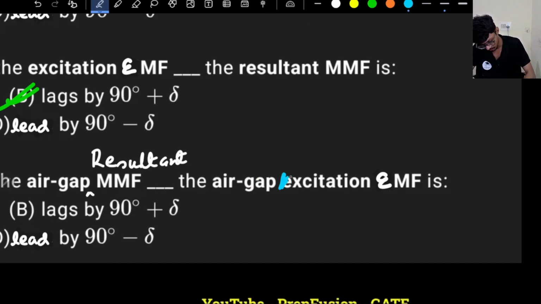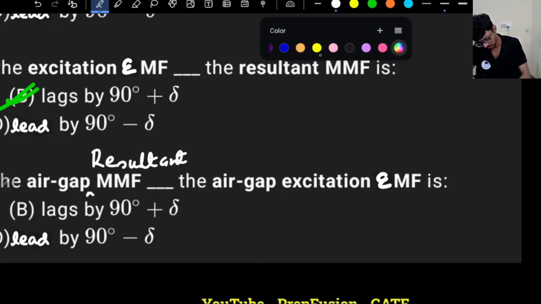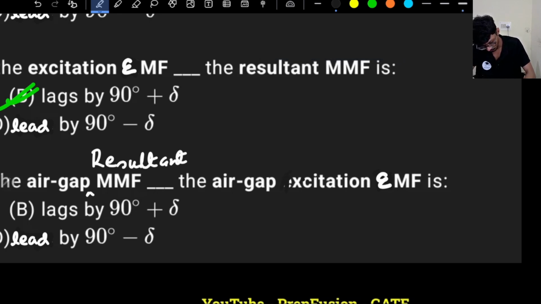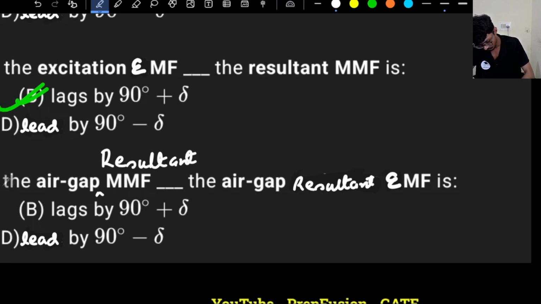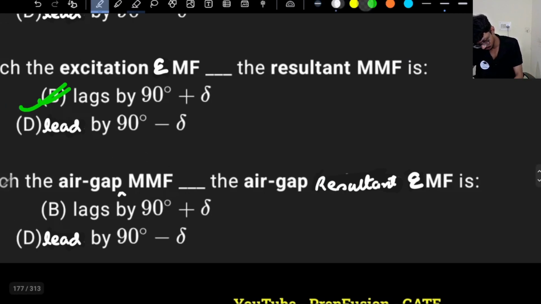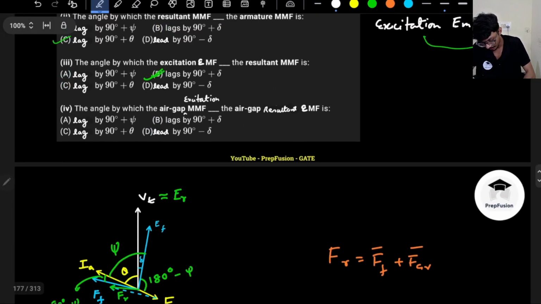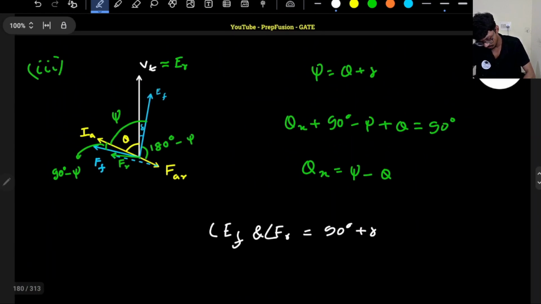This should not be air gap resultant EMF. From where I took this question, a bit of things are wrong there. This should be air gap resultant, and this should be air gap excitation. My bad, otherwise understanding it would be very difficult. So, air gap excitation MMF and the resultant EMF.